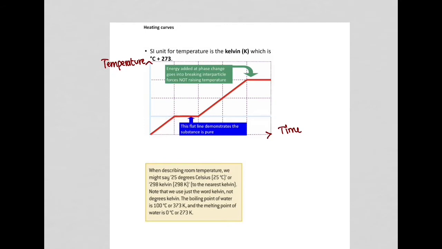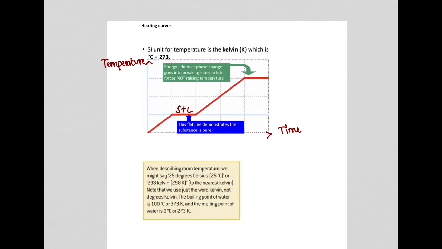At these points where you have these flat regions, we say that an equilibrium is reached. So here we have the solid, here we have the liquid, over here we have a solid liquid equilibrium which is formed. At this point there is no change in temperature.